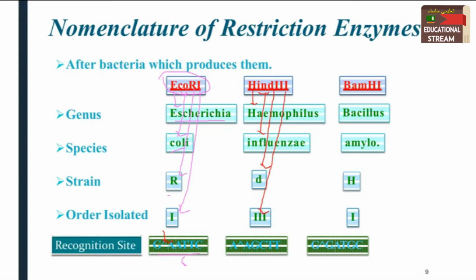Then comes BamHI, isolated from Bacillus amyloliquefaciens and from the strain H, and it was the first enzyme isolated. These are the recognition and cutting sites. It is GGATCC for BamHI, and AAGCTT for the HindIII enzyme, because it will be the same sequence when we read it on the other strand.